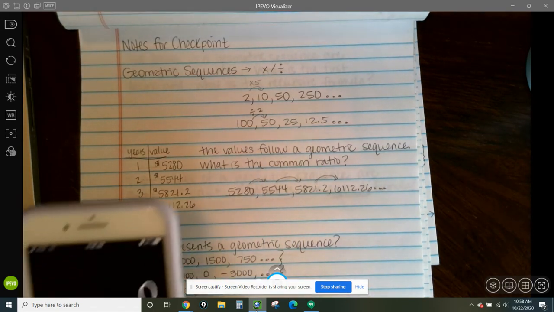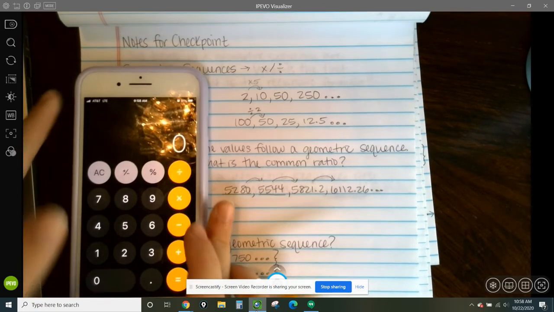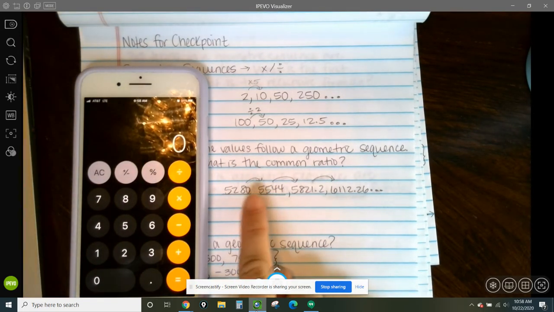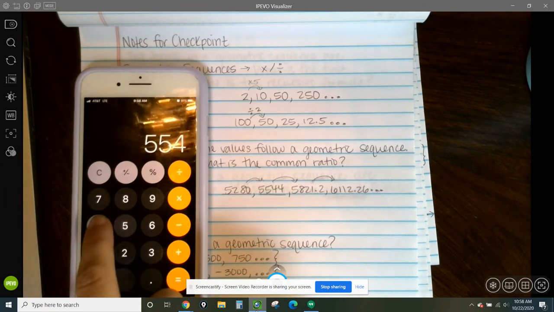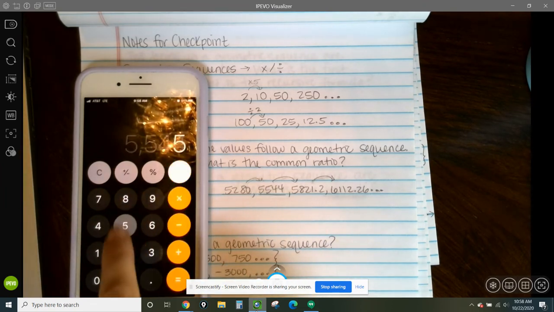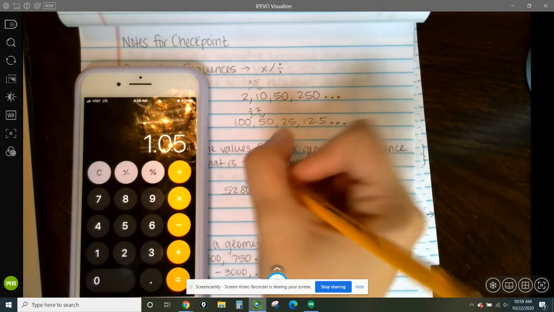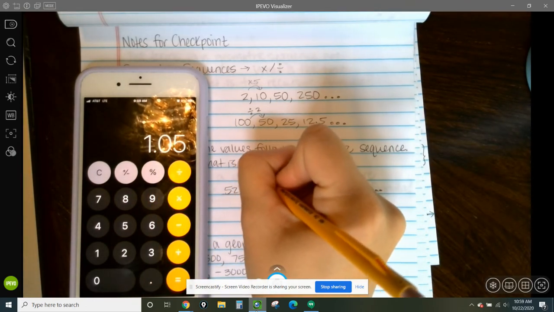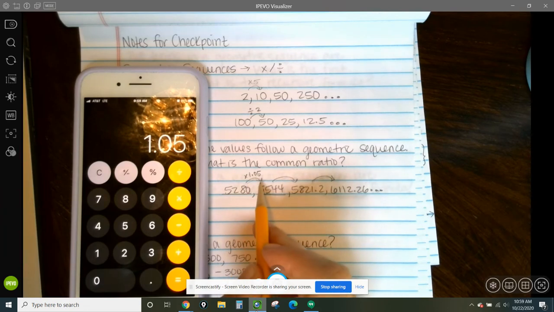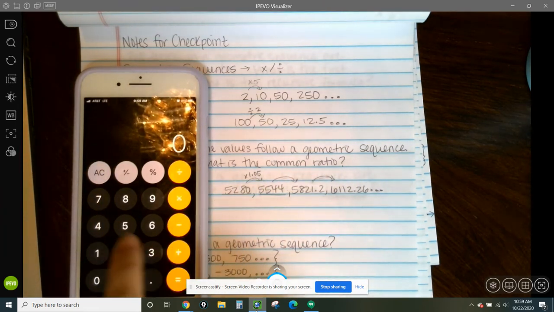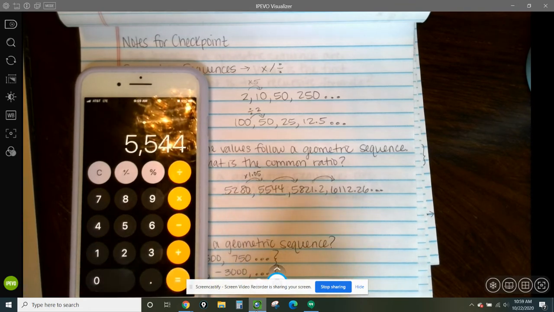I'm just going to use my phone calculator because that's what I have handy. I'm going to take this number and divide it by this number. So 5544 divided by 5280. I get 1.05. I think what's happening is I'm multiplying by 1.05. Let's test it. If I take that 5280 and multiply by 1.05, it worked.